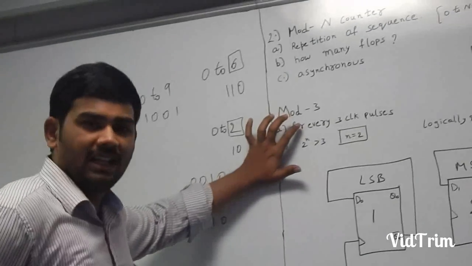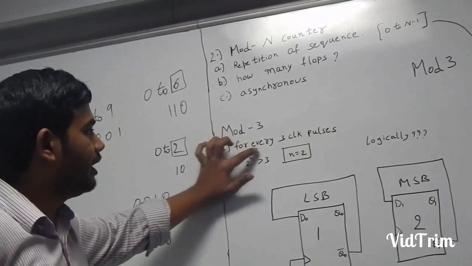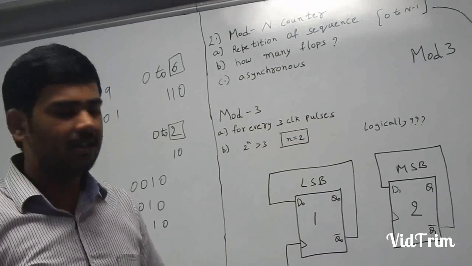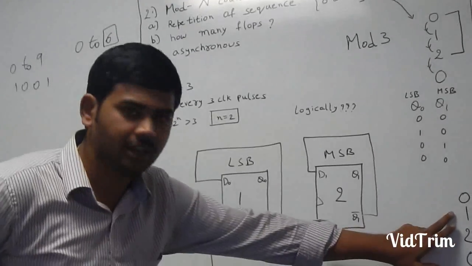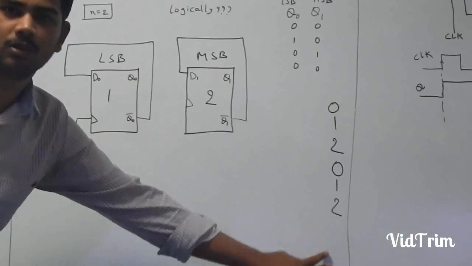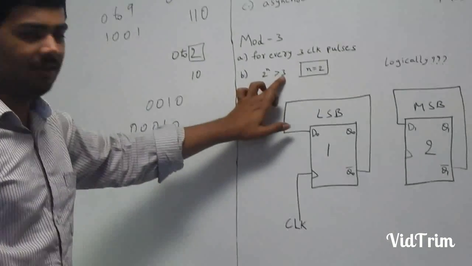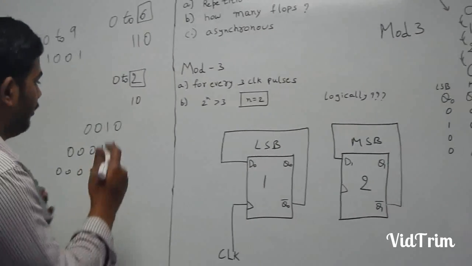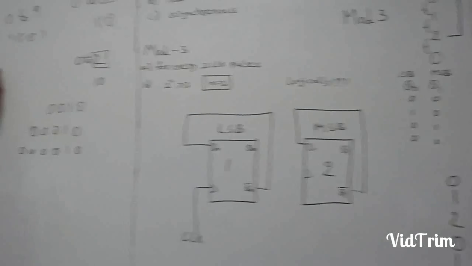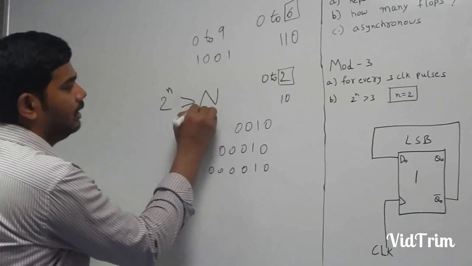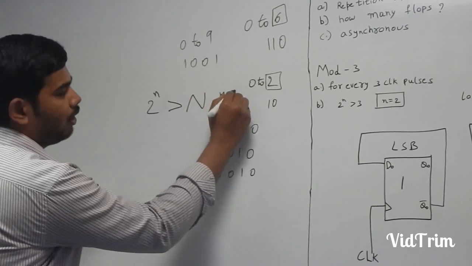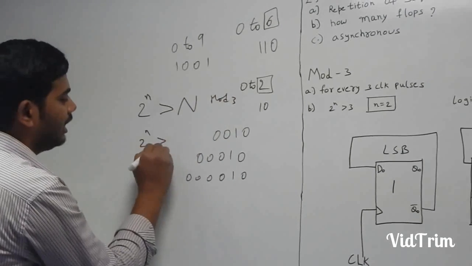For example, we are taking here a mod 3 counter. For every 3 clock pulses the sequence repeats like we discussed, 0, 1, 2 and 0, 1, 2, and so on. And the formula based approach: 2 power n greater than the mod value. For example, with mod 3, 2 power n greater than 3.